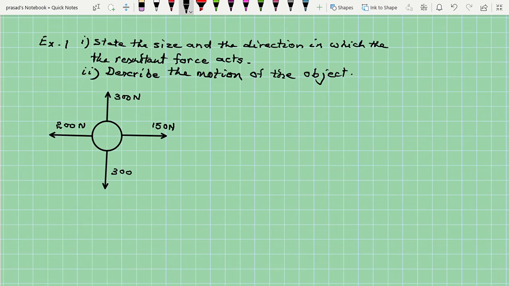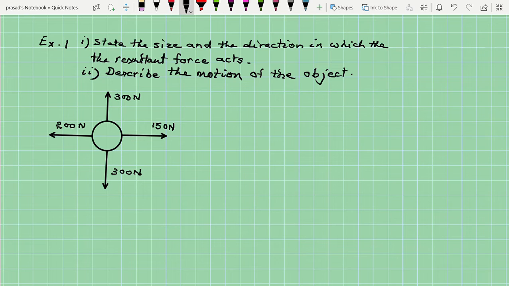So whenever we find out the resultant force, first of all we will find the resultant force separately in the vertical direction and in the horizontal direction. And as I already told you, if forces acting opposite to each other, say vertically up and vertically down, are equal, then in the vertical direction the forces are balanced.